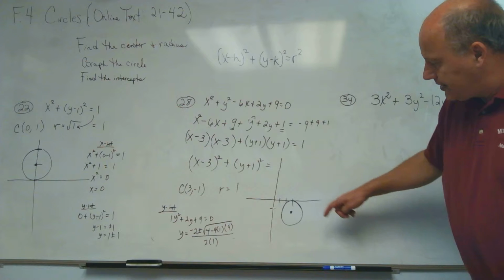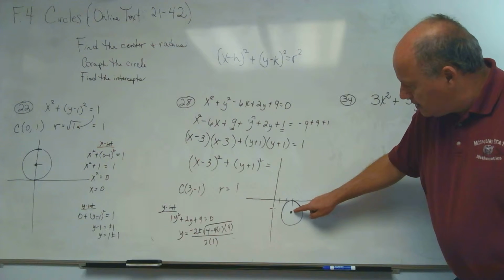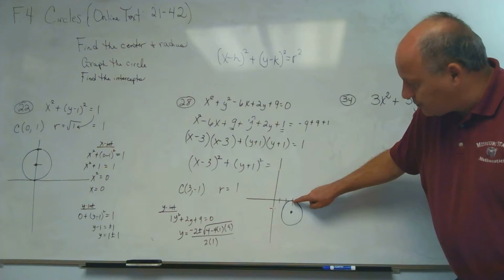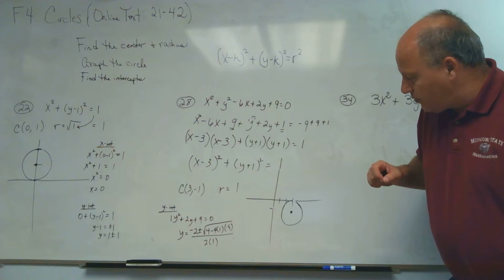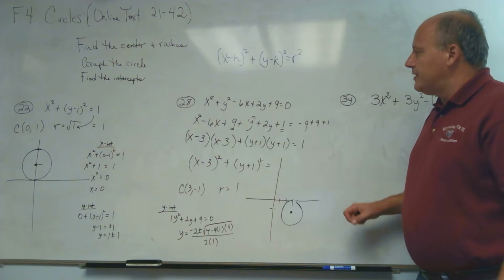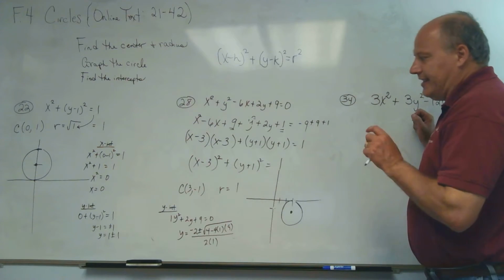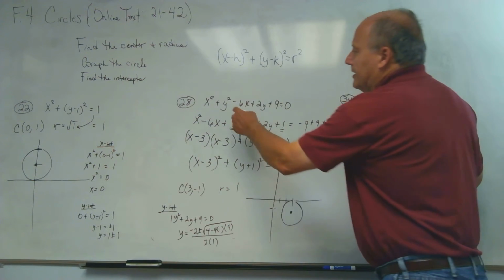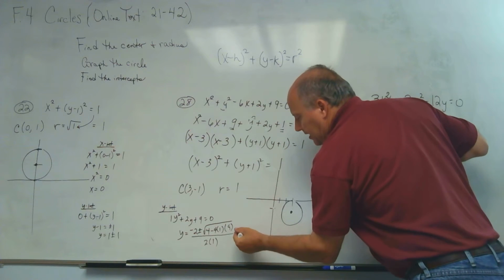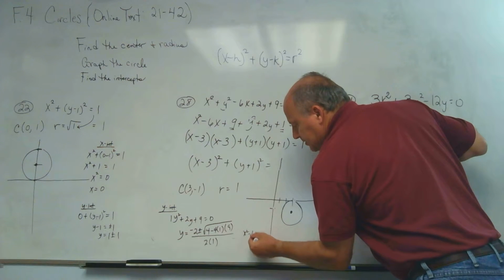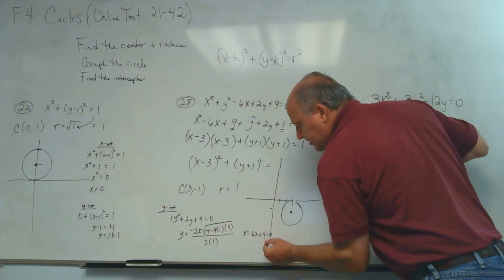And then over here, you look at this one, the radius is 1, so it looks like it's crossing the x-axis at 3, 0. And you're like, well, is that what it is? Well, if you look at the original equation and find the x-intercept, set y equals 0, so that one's 0, that one's 0. So you get x squared minus 6x plus 9 equals 0.